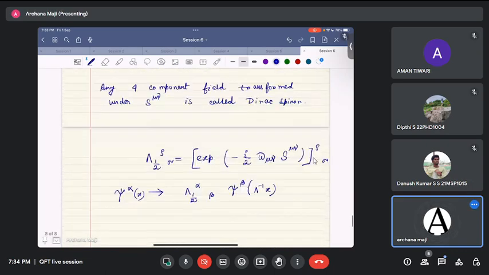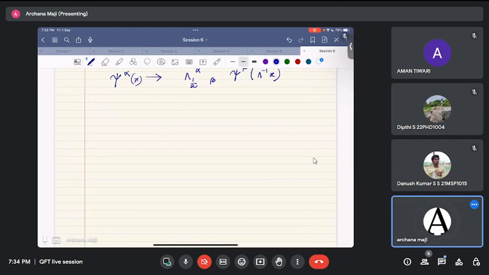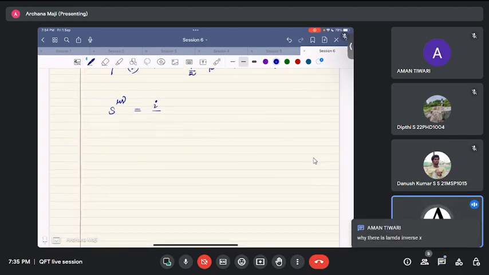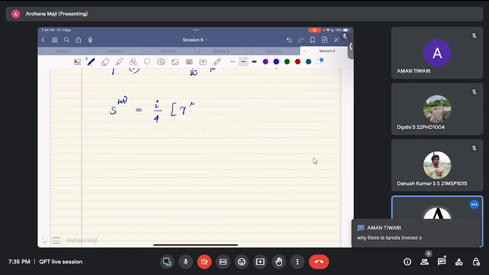Okay. So let's look at the properties of S mu nu. Then we will write down the Dirac equation. So it was defined as i over 4 gamma mu gamma nu commutator.